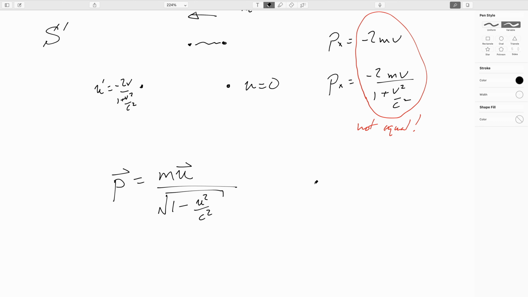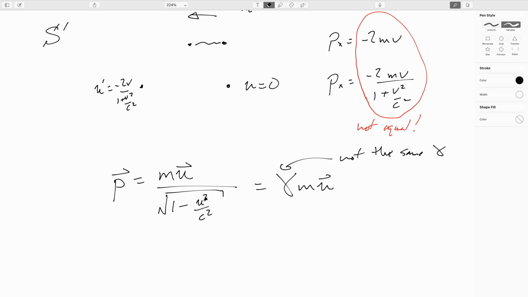Now this expression looks so much like gamma that what physicists do is they write gamma mu. But this isn't the same gamma. The gamma we had before was for v, which was the velocity of S prime with respect to S. Here you're inserting u into the expression, which is the velocity that some observer measures.